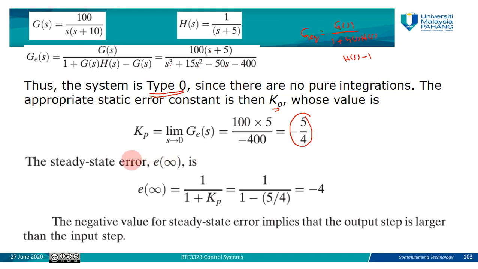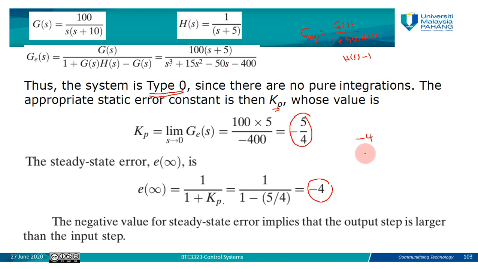Then in order to find the steady state error for this function, we find 1 over 1 plus kp. We substitute the value of kp here, and we get the error is -4. The negative value of steady state error here implies that the output is larger than the input. Since the error is -4, your output is larger than the input.